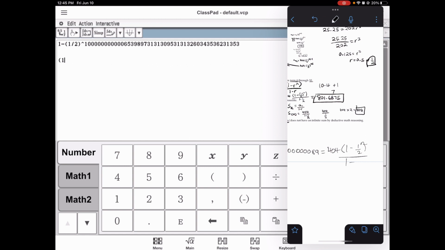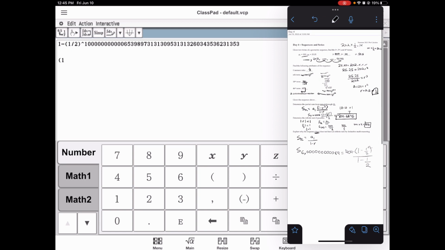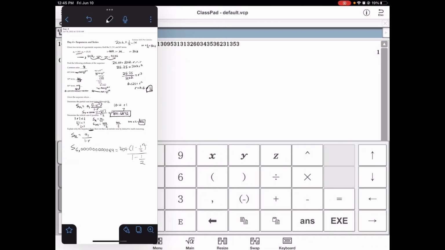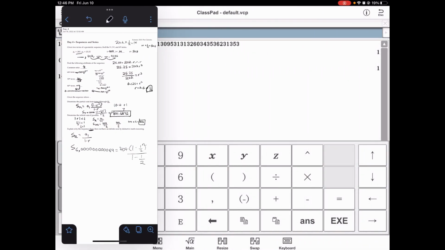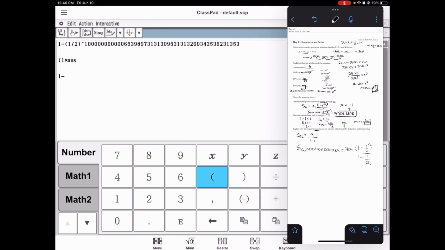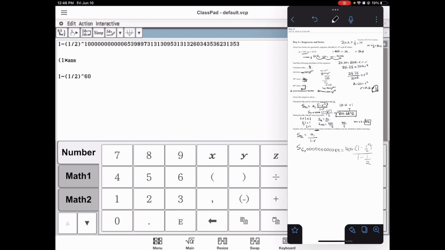So 1 minus 1/2 raised to the power of 6,000,000,089, and let's just add some more numbers for the fun of it.